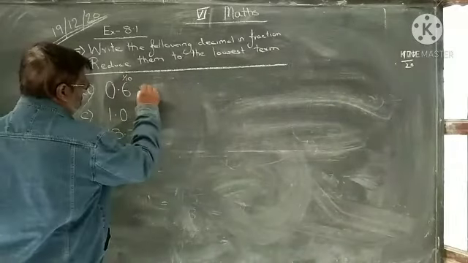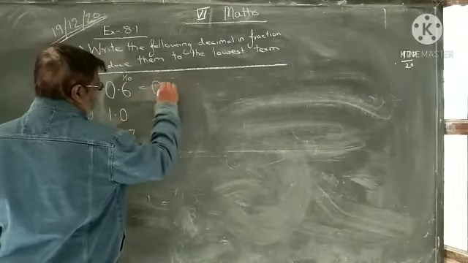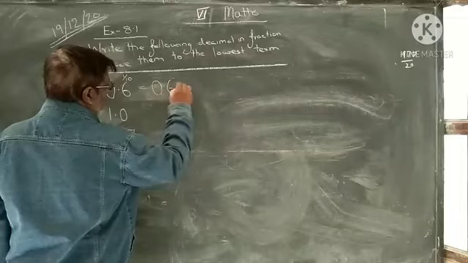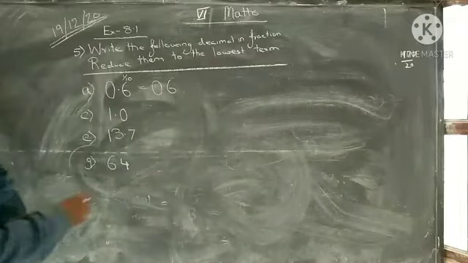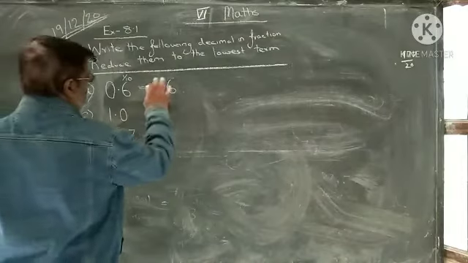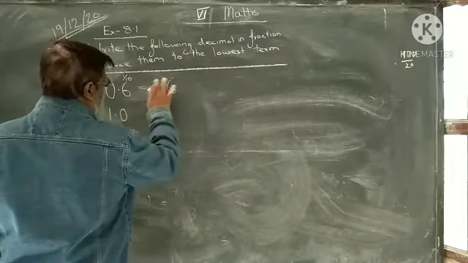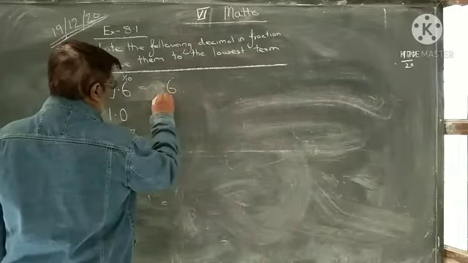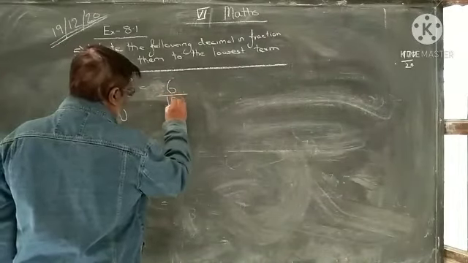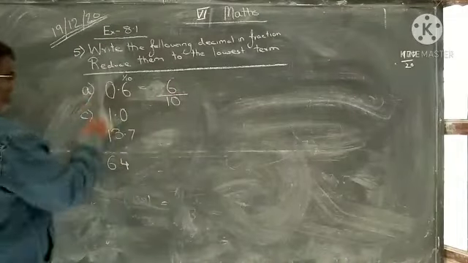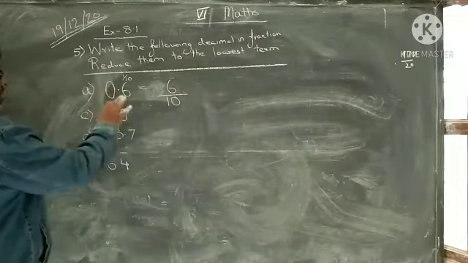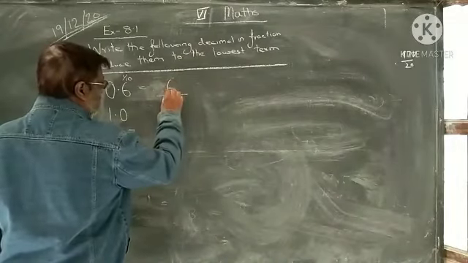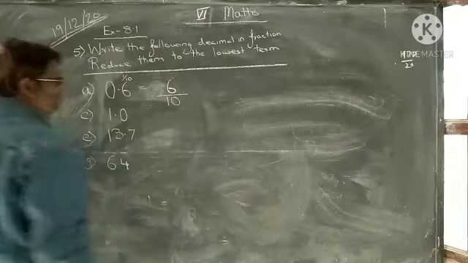Simply what you need to do is write 6 by 10, taking the last digit of the decimal figure.